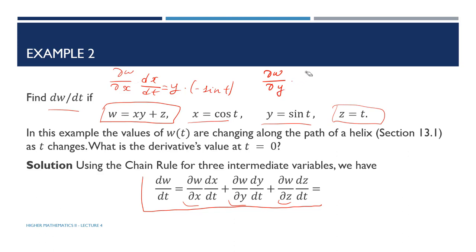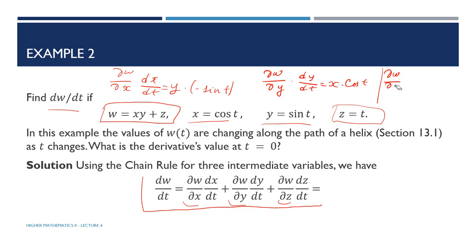And the derivative of w with respect to y times the derivative of y with respect to t equals x times cosine of t.